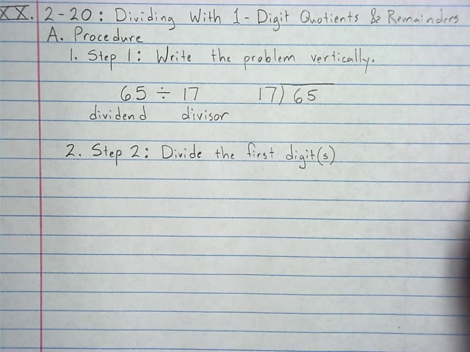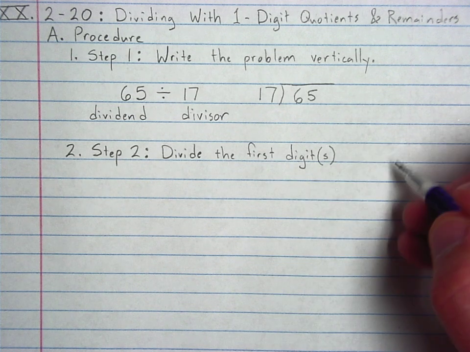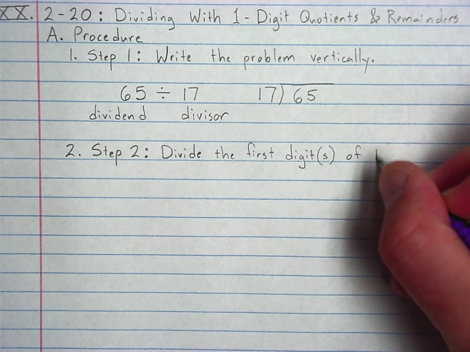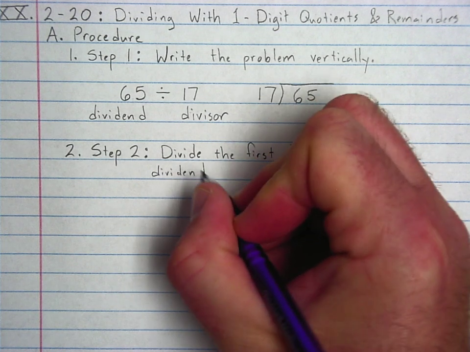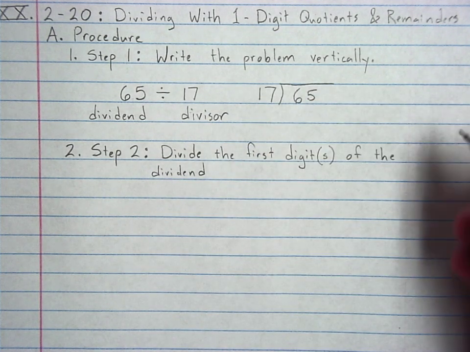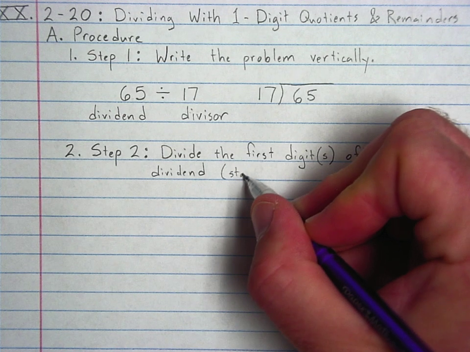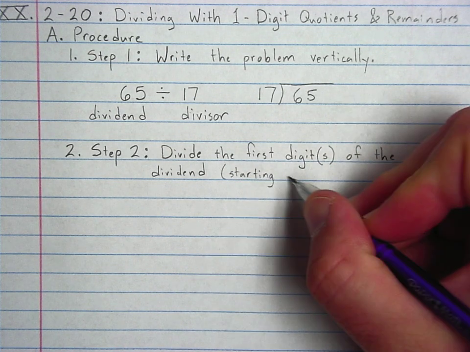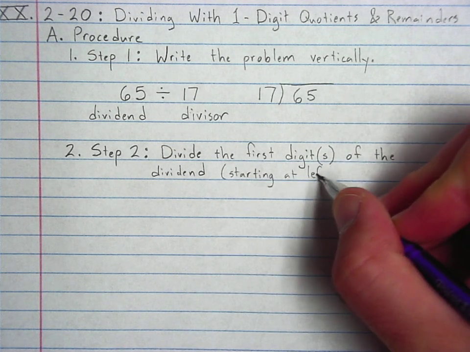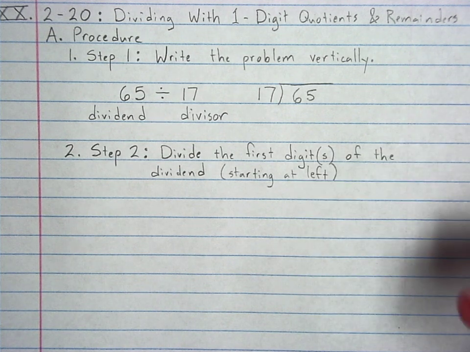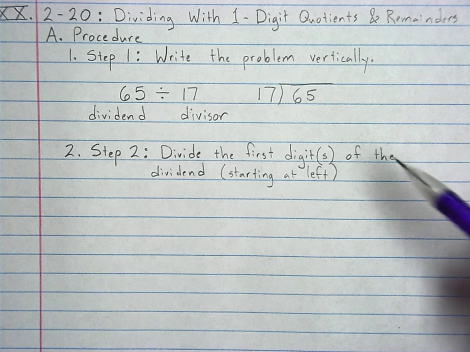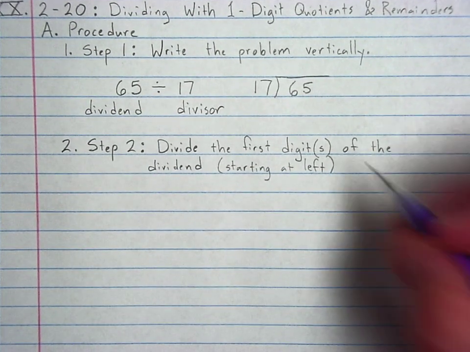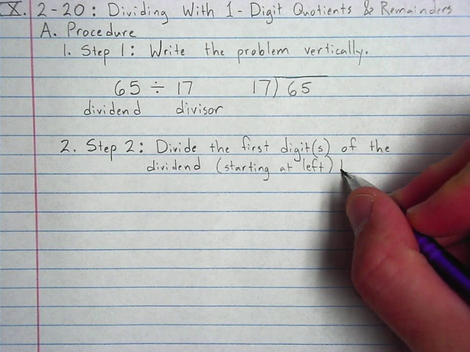That'll be the case today. Sometimes it's just the first digit, sometimes it's 2. You're going to divide the first digits of the dividend starting at the left. So whichever digit is the farthest to the left, whatever has the greatest place value. Divide the first digits of the dividend, starting at the left, by the divisor.